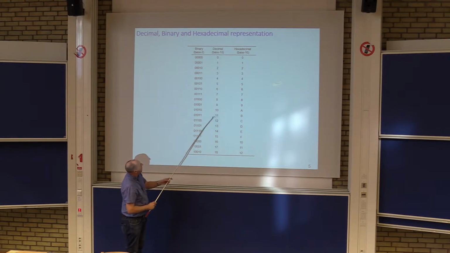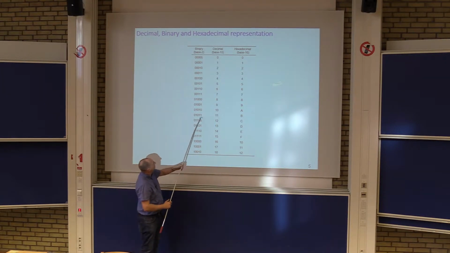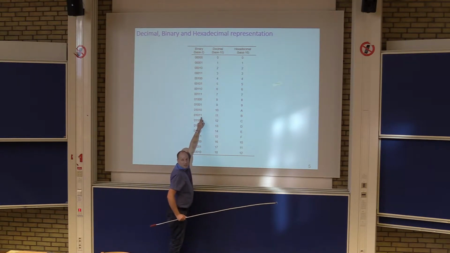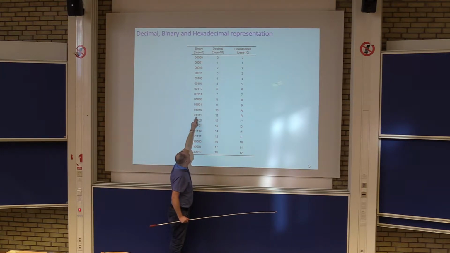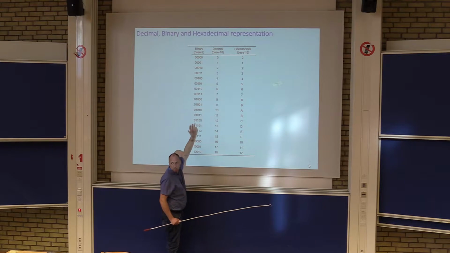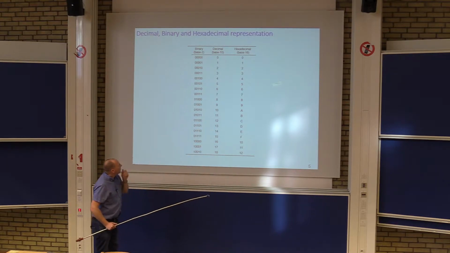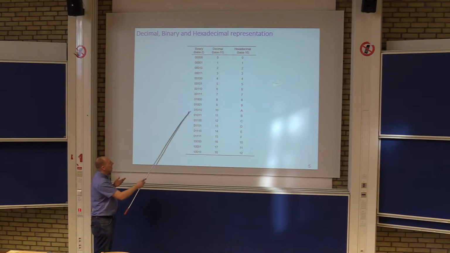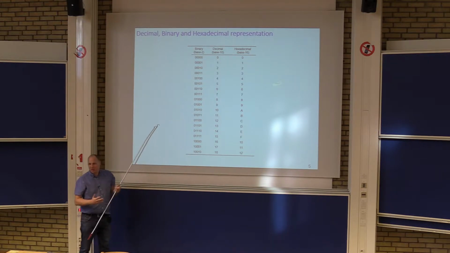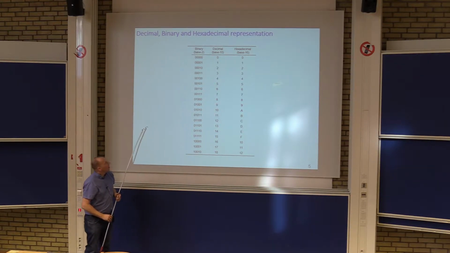So 1011, for example, will be 1 times 2 raised to 0, which will be 1, plus 1 times 2 raised to 1, which will be 2, plus 1 times 2 raised to 3, which will be 8. So 8 plus 2 plus 1 will be 11. And this is how the numbers are represented inside the computer.